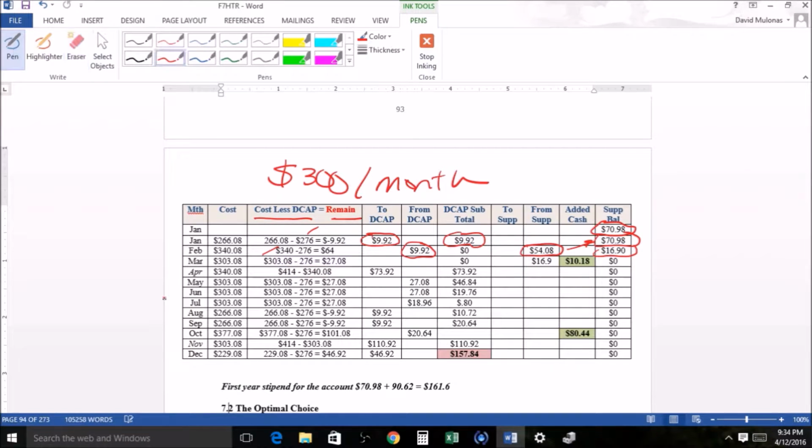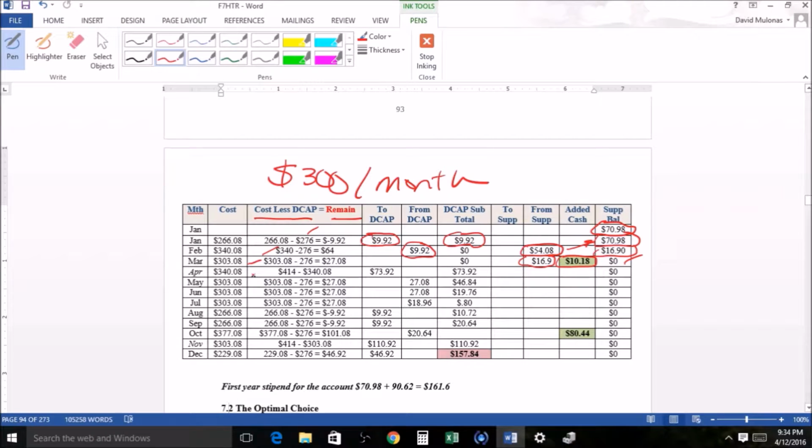But now we get to March and we have $303.08, and then we need $27 and realize that we can take 16.9, but now we find out that we're going to have a shortage again. And that leaves this $10.18 that needs to be added. So hence, it puts the supplemental balance down to 0 and all the bills are covered.